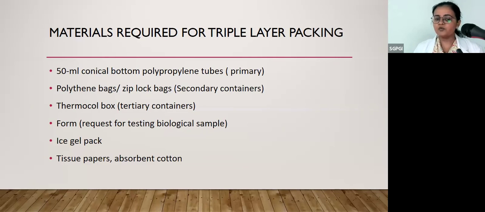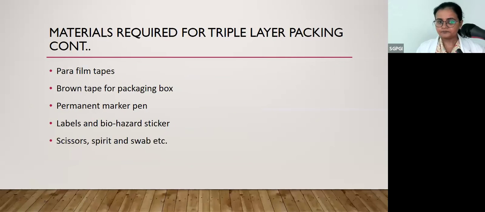Form should be there: request for the testing of biological sample. Ice gel pack, tissue paper, absorbent cotton, parafilm tapes, brown tape for the packaging box, permanent marker pen, label and biohazard stickers, scissors, spirit, and swabs.